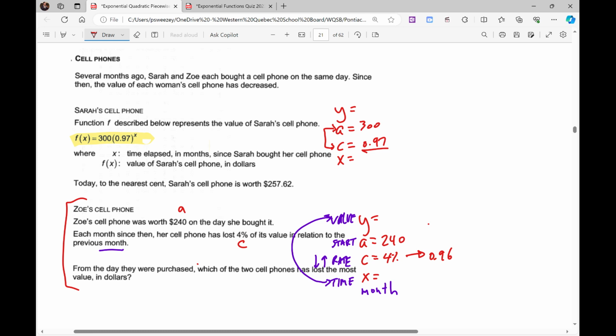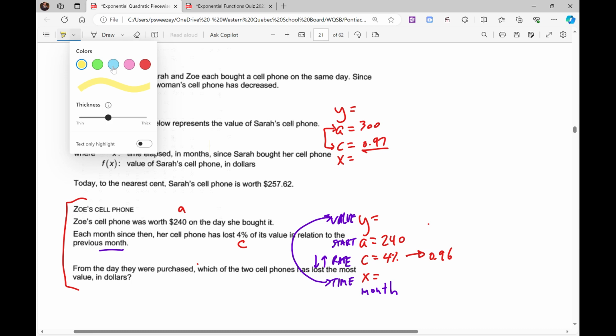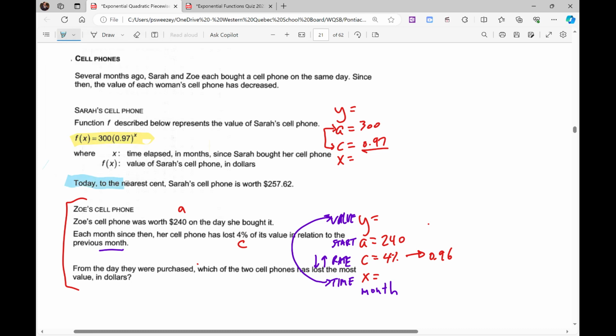Here is that weird component of these questions. Today, to the nearest cent, her cell phone is worth $257.62. We have to figure out when today is. Such a weird thing to think about, right? So how do we figure that out knowing only that right there? That 257.62, it's ugly.